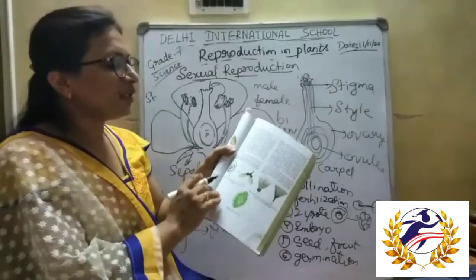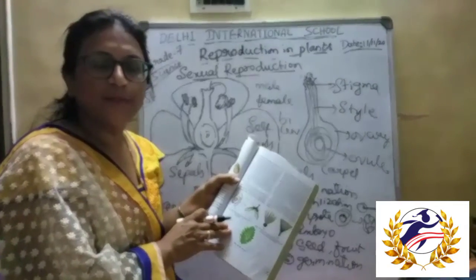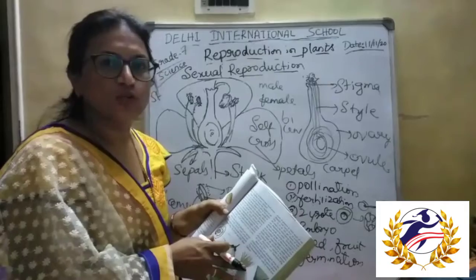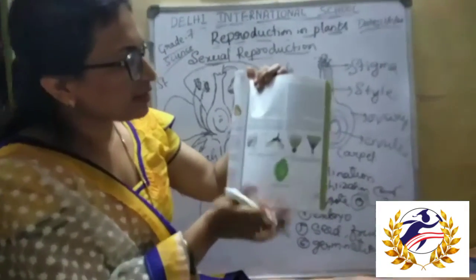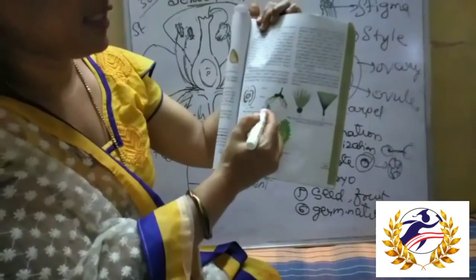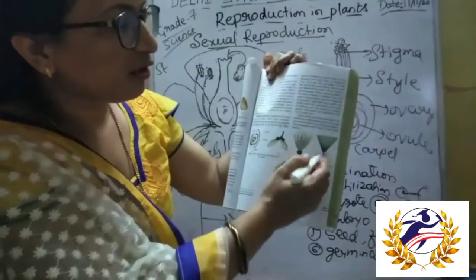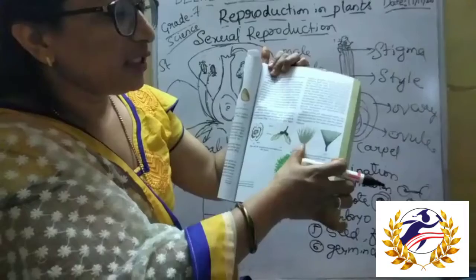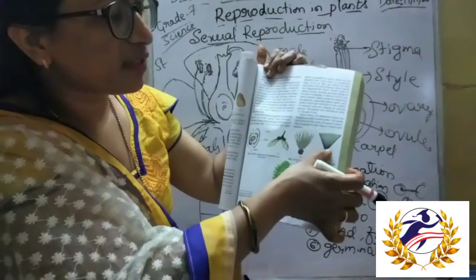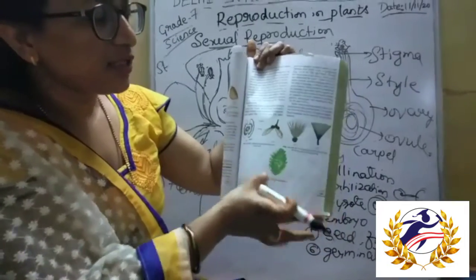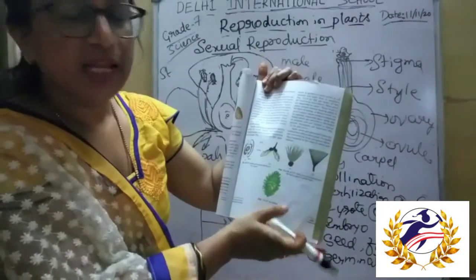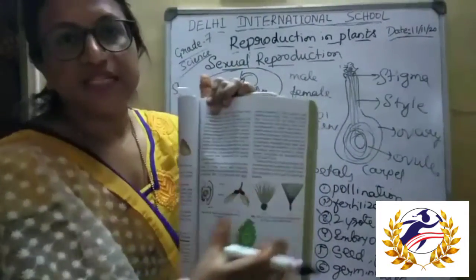So seed dispersal is very much essential in order to continue the species. Here we can see in the diagram the seeds of drumstick, the seed of maple tree, and these hair-like structures. These are the seeds of sunflower, the hairy seed of the madar or the oak tree, and the seed of xanthium. Like this, different types of seeds are there.